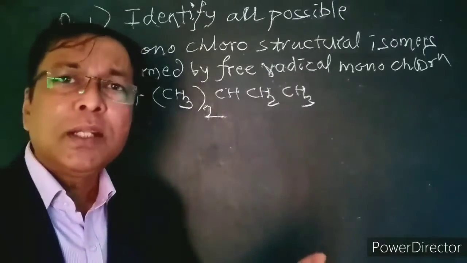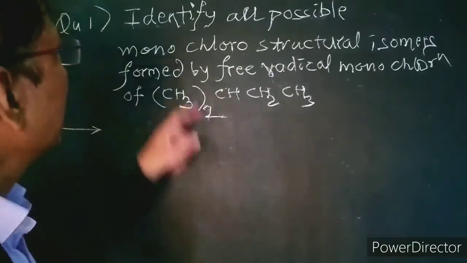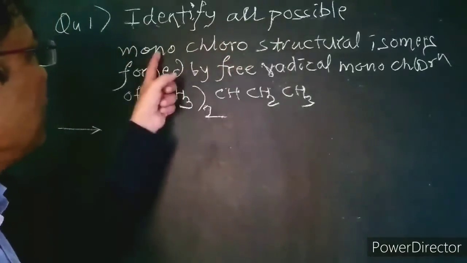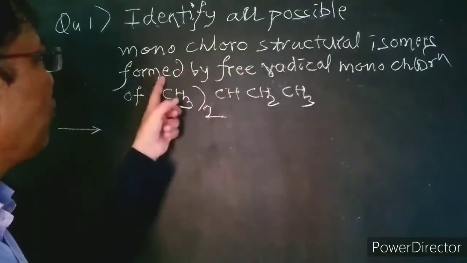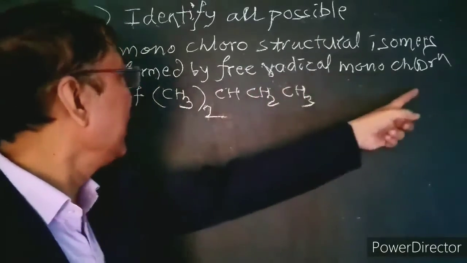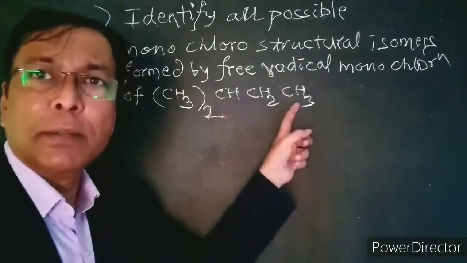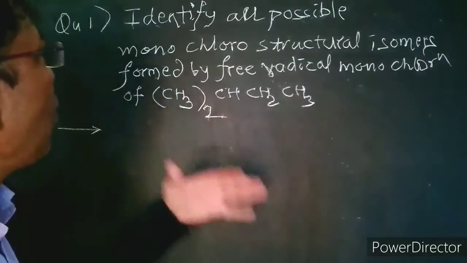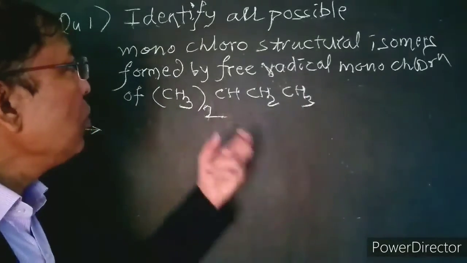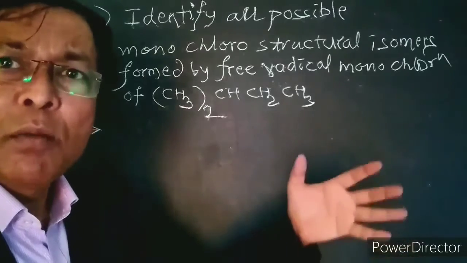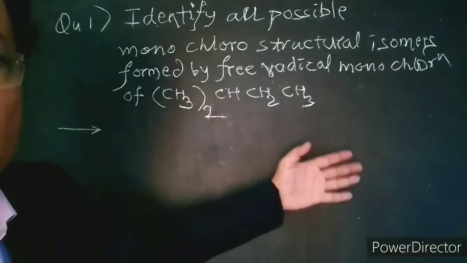Now let us take one very important question: identify all possible monochloro structural isomers formed by free radical monochlorination of (CH3)2CHCH2CH3. We have to write all possible monochloro substituted products and their names in this question.